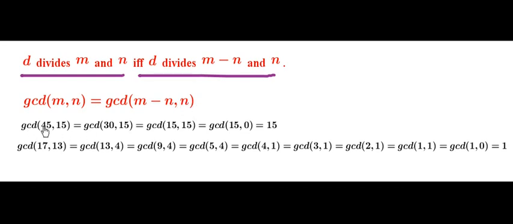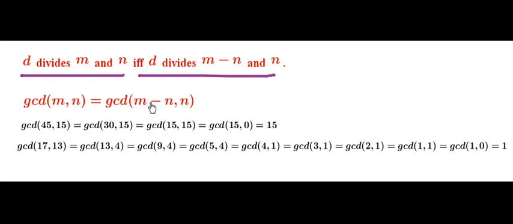If you consider this first case, 45 is a multiple of 15, and after repeated subtractions, at one point both the values will become 15, and that 15, which is nothing but n, is our answer. So that is about the first case. Now the second case is m is not a multiple of n.